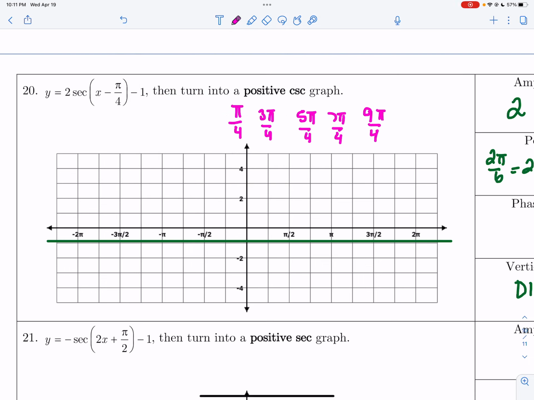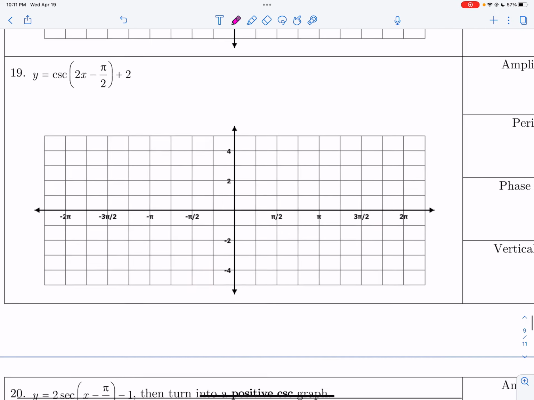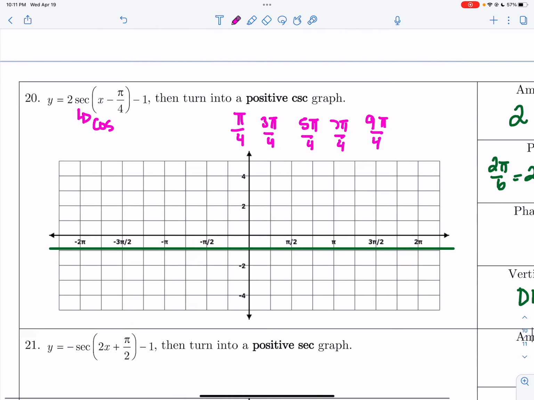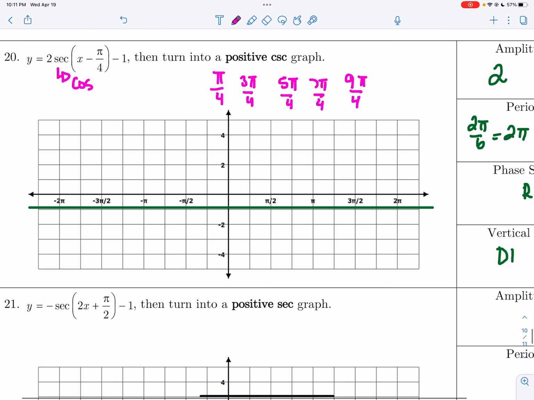And we are going to take it as a cosine graph. But this time, we are starting high. And we're starting at pi over 4. So looking at -1, pi over 4 right here, 2.